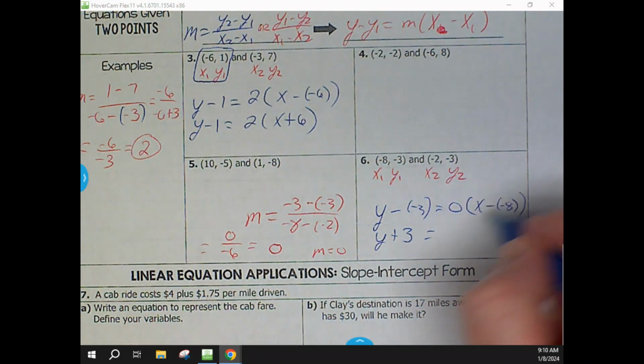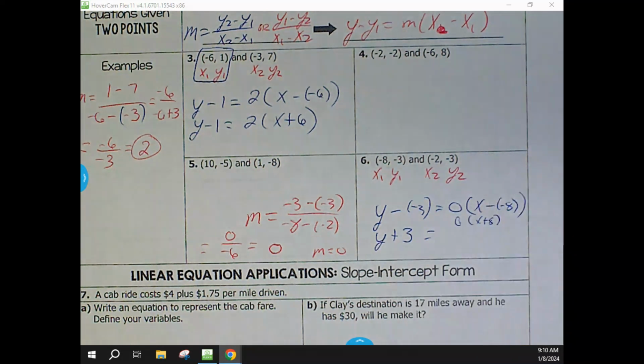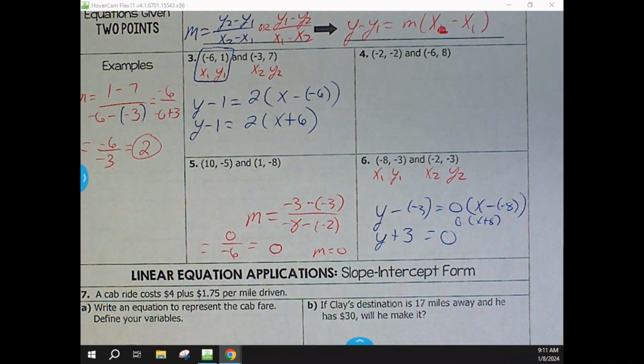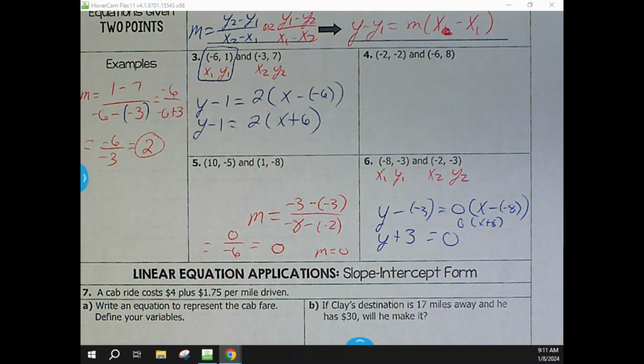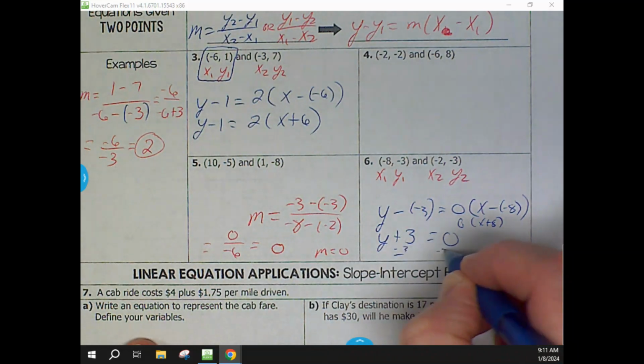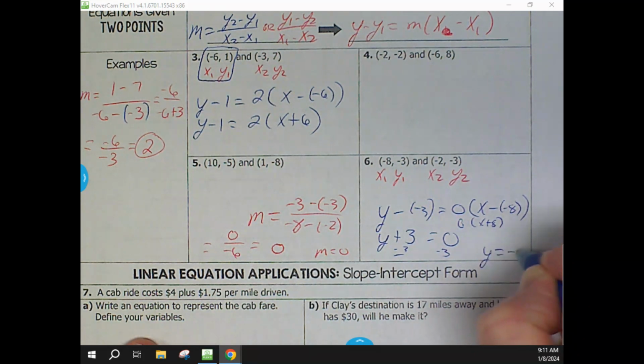And it doesn't matter that this is, if we make it x plus 8, it's still 0 times x and 0 times 8. That's still just a big fat 0. So you've got y plus 3 is equal to 0. Now, if you plug the numbers in and you've got 0, and let's say your x's are gone or your y's are gone, whatever, you pretty much just solve for whatever variable is left. So for this one, we wind up subtracting 3 from both sides. So that equation would actually be y equals -3.